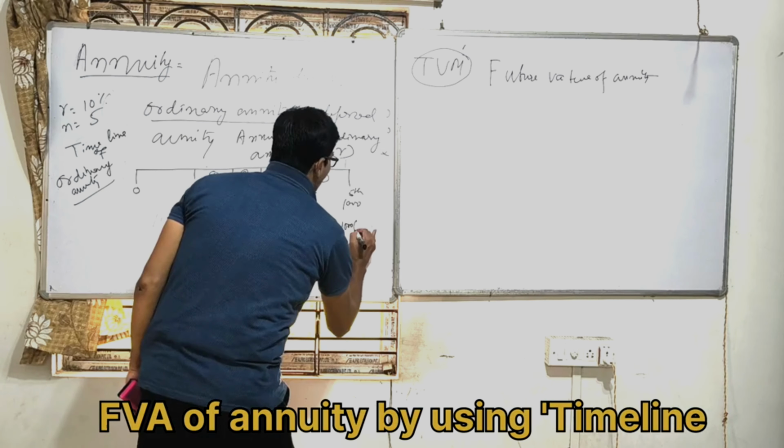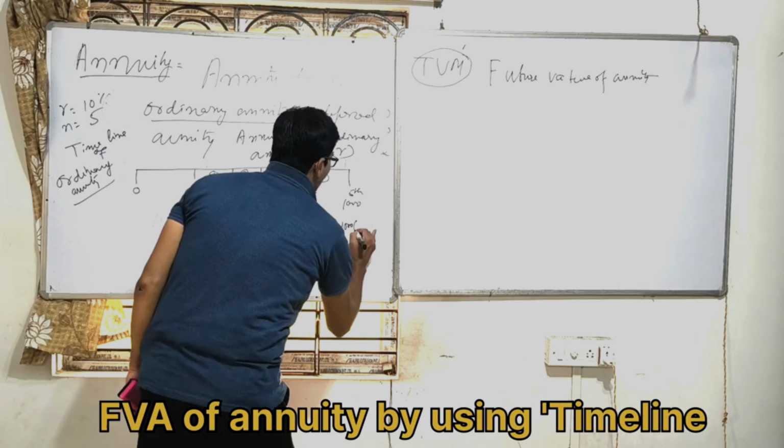So here we can say, you see what will be the cash flow. The 4 cash flows you have seen. So in this way we can calculate it. You see here what is the formula? It comes like that. Here 1000 into 1 plus 0.1 to the power, how much?